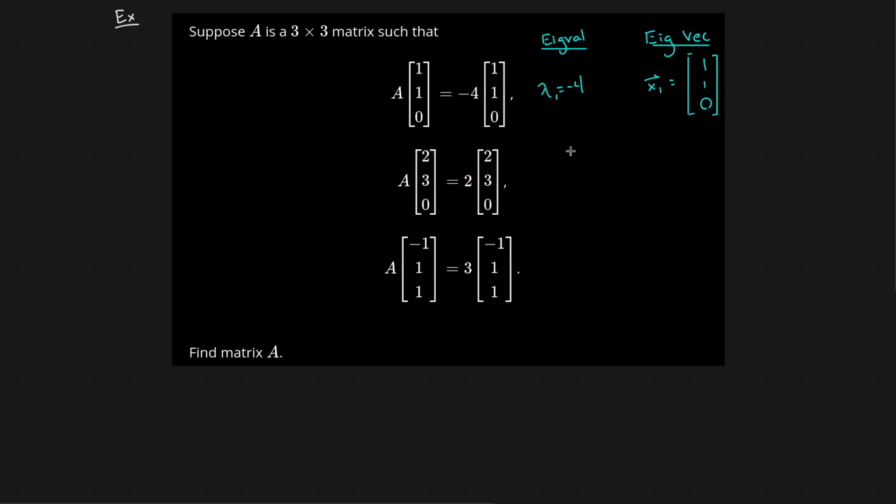Okay, so the second statement is saying that another eigenvalue of matrix A is equal to 2, and another eigenvector is equal to (2, 3, 0).